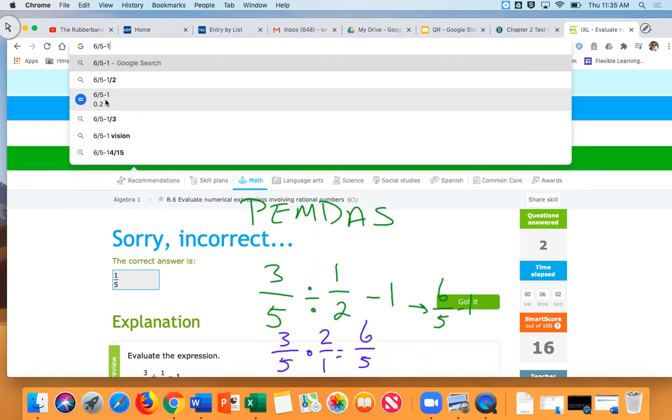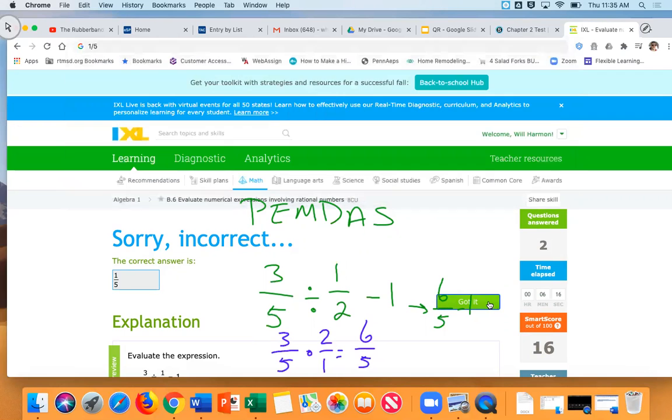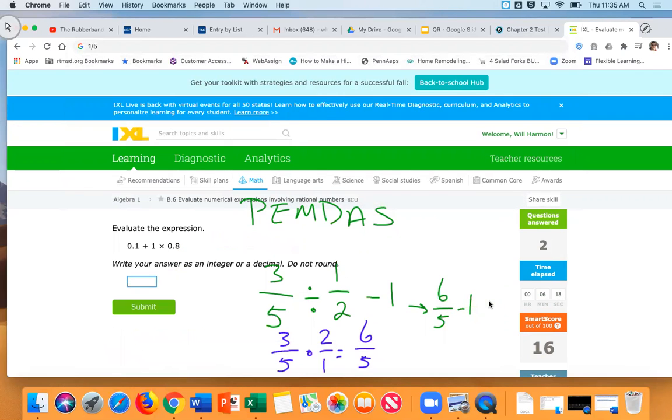Because we have the right answer. Watch. 1/5 is 0.2. But when you start with fractions, it wants you to keep it as a fraction.